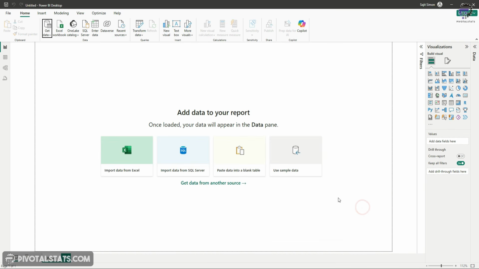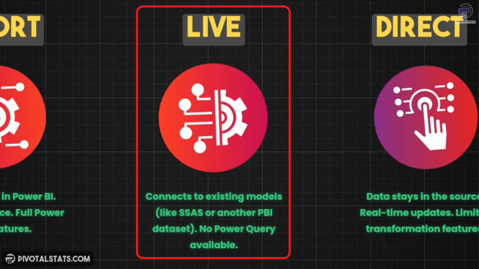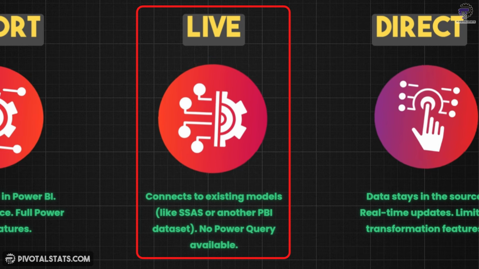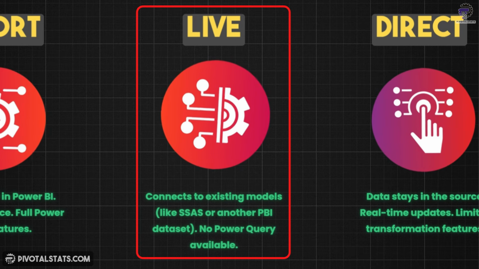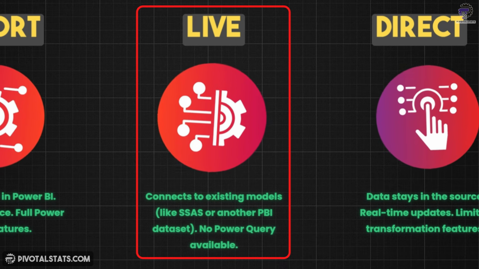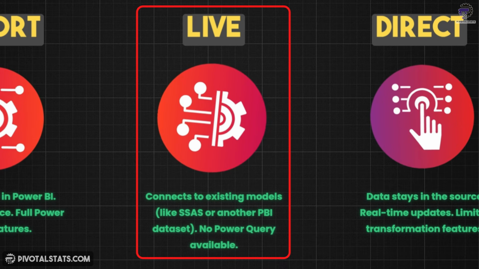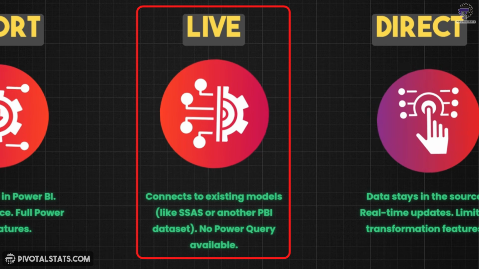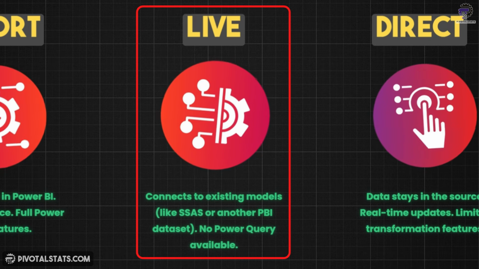But the problem with this is you can't use Power Query with this method, because when we select that, the transform data option does not work for you. The transformation needs to happen before we actually import it inside Power BI for visualization. So that is the limitation of a live connection. But because it's based on the cloud, the benefit is that multiple users can access the same dataset without creating redundant or duplicate datasets in each local version.